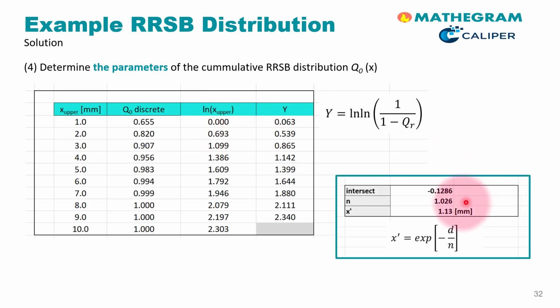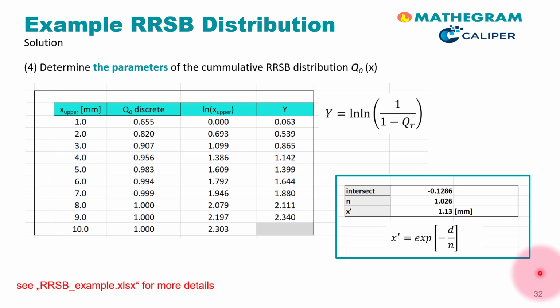The slope of this fit is then equal to n, and the intercept d can be used to calculate x'. This was a bit fast, so we have summarized all the details of this calculation and the fitting procedure in the accompanying Excel sheet rrsb_example.xlsx.